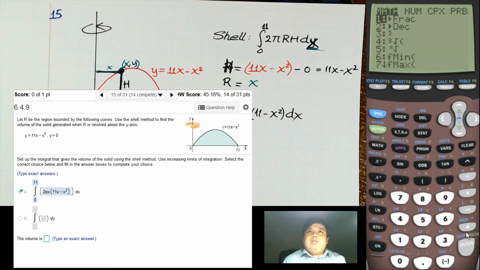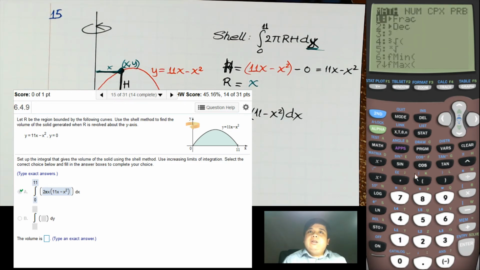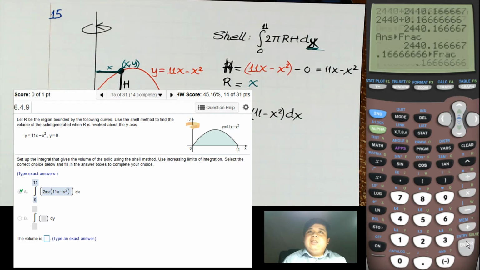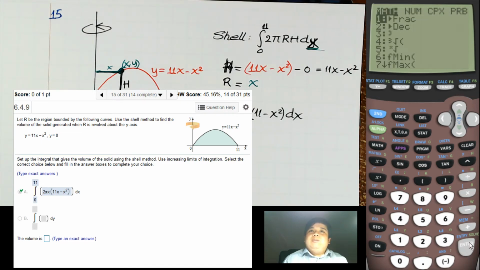Right, can we change this to a fraction? No. How about 2440 and then plus? I didn't have enough 6, so that would do it.